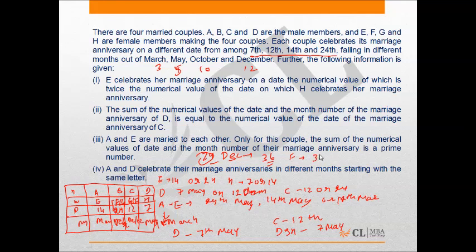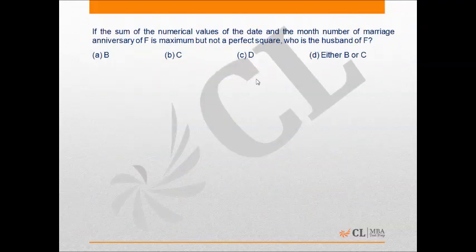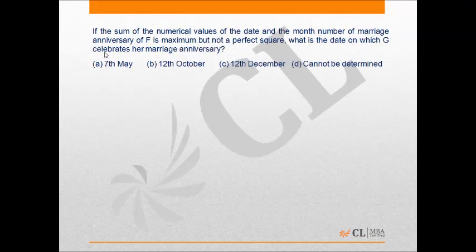In that case, the sum of the date and month number would be 34, which is acceptable. In that case, the husband of F would be B. Hence, option A is the correct answer. Let's move to the last question of this set.